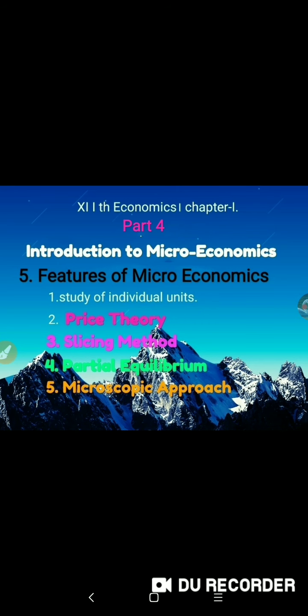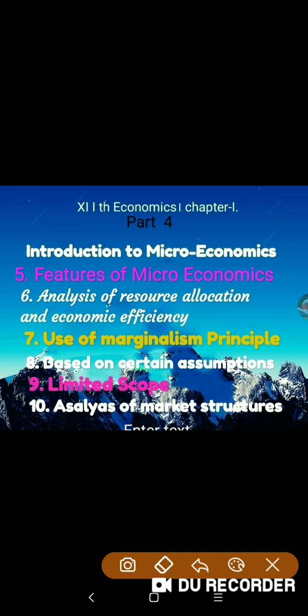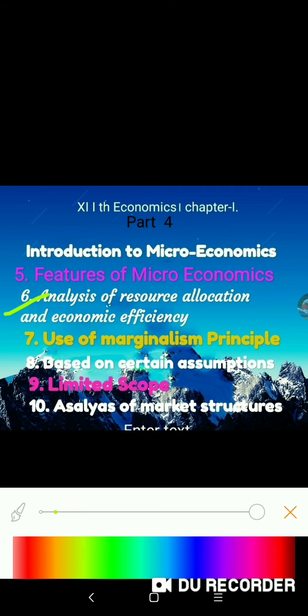Sixth point, analysis of resource allocation and economic efficiency. Microeconomics deals with the allocation of resources among competing groups. Microeconomics explains how relative prices of commodities and factors of production determine the allocation of resources.